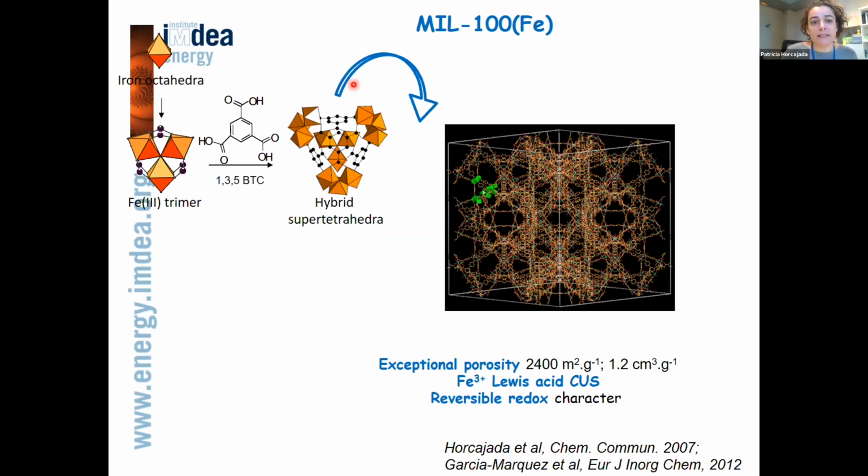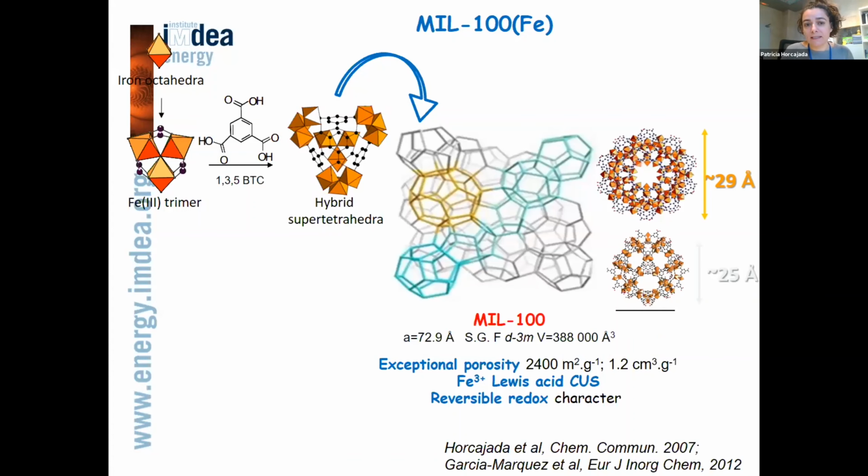This hybrid supertetrahedra will assemble into a cubic zeotype structure, which can be represented schematically like this, and in which we can see two different mesoporous cavities accessible through microporous windows. This material presents an exceptional porosity with pore volume larger than 1 cubic centimeter per gram, associated with a large capacity of storage, and also the presence of iron(III) Lewis acid sites that can interact strongly with the adsorbate.